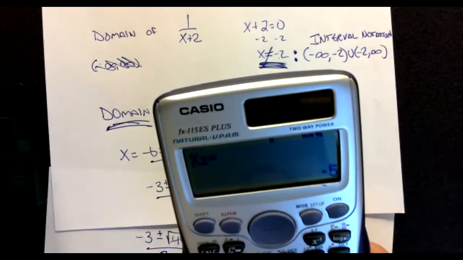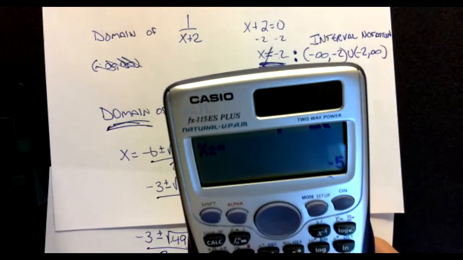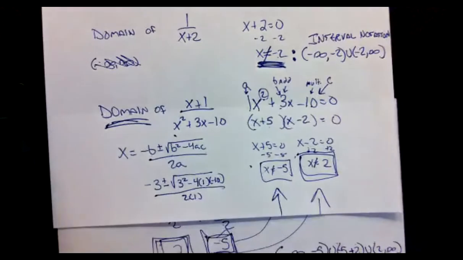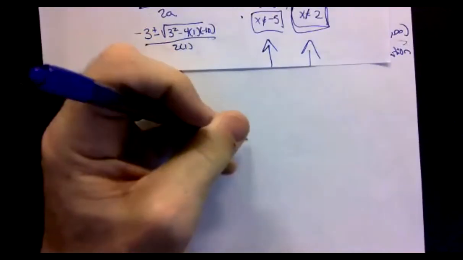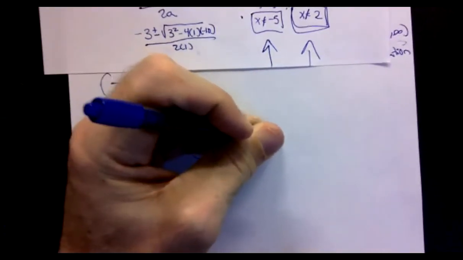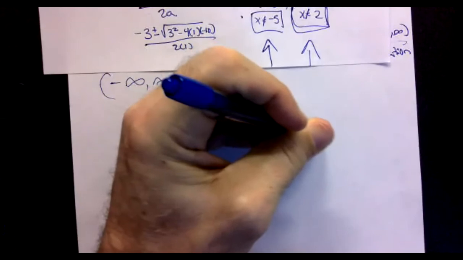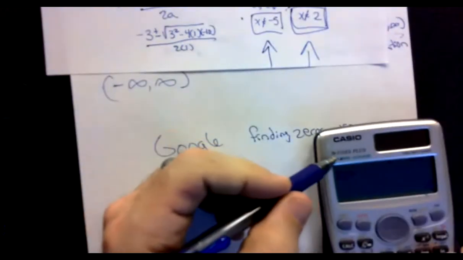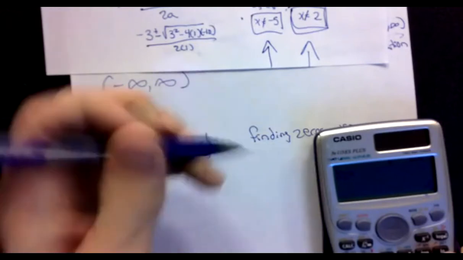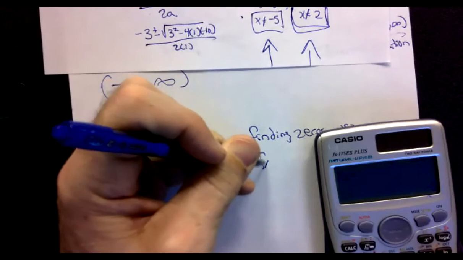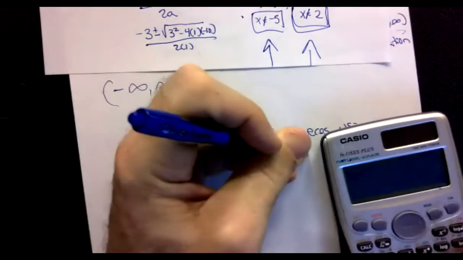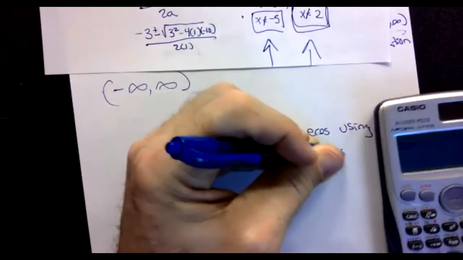Now, if you couldn't follow this, if it was too dark for you to see, very easy, just Google "finding zeros" using whatever calculator you have. It'll have a model number somewhere. In this case, this is the Casio FX 115 ES Plus.